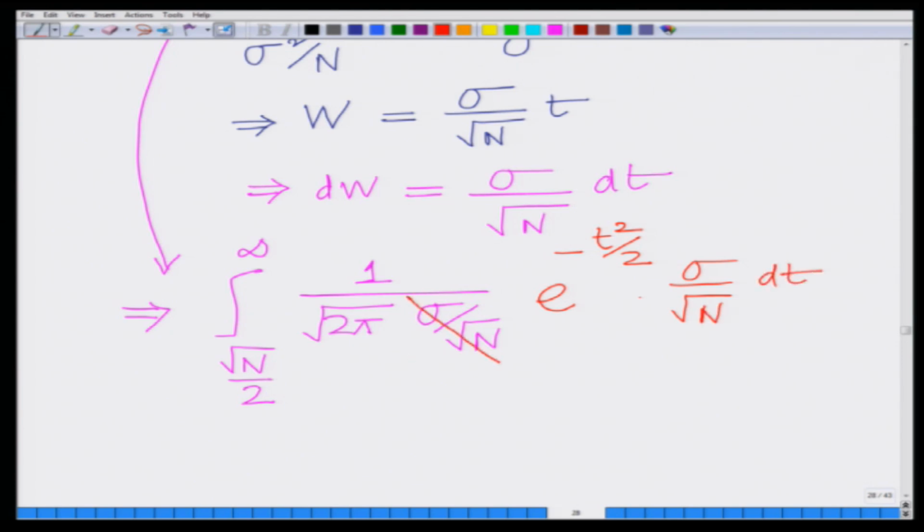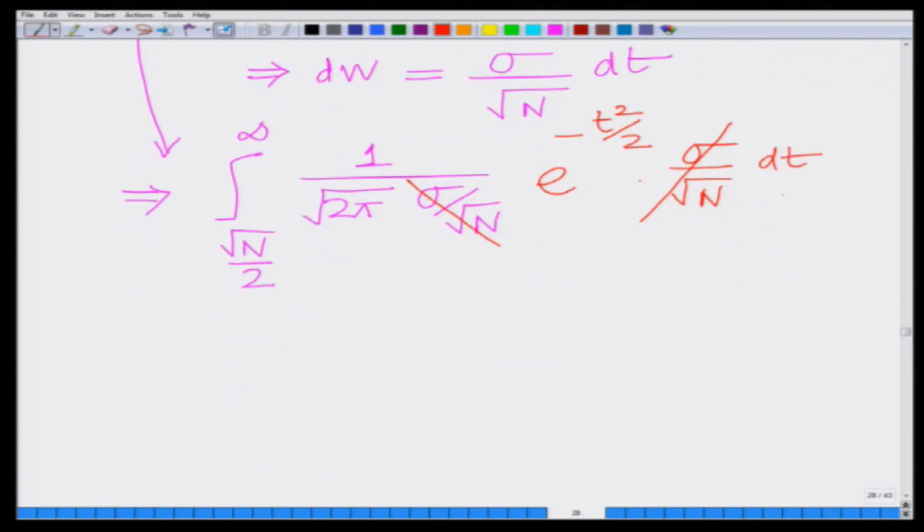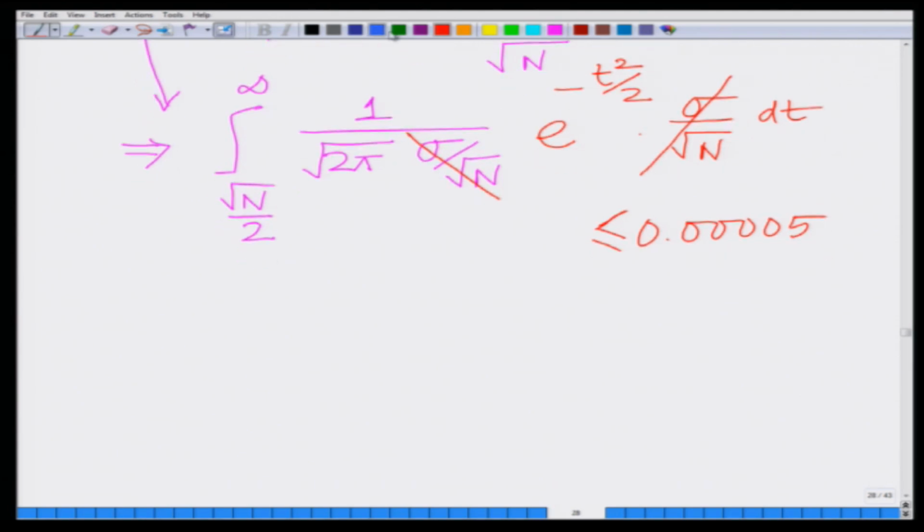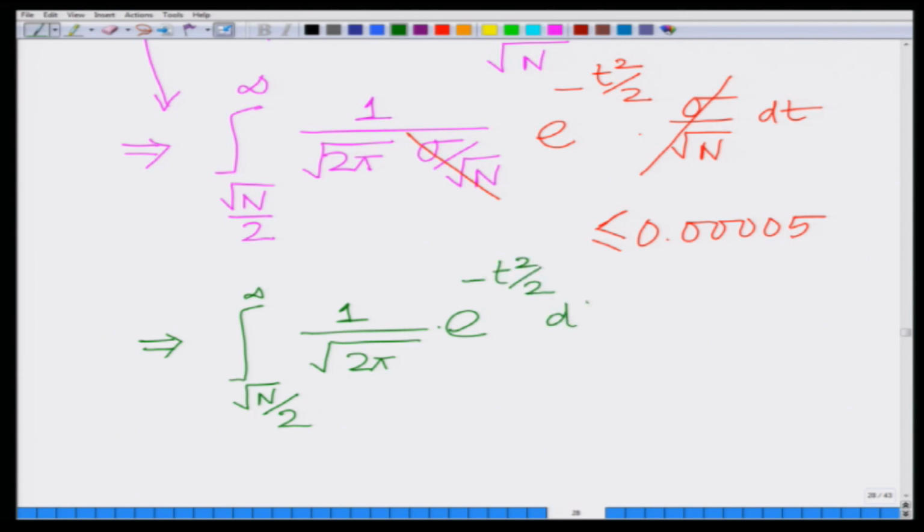Therefore, this sigma divided by square root of n cancels, and what we have is that this integral should be less than or equal to 0.00005. So this is the integral from square root of n over 2 to infinity of 1 over square root of 2 pi e raised to minus t square by 2 dt, less than or equal to 0.00005.